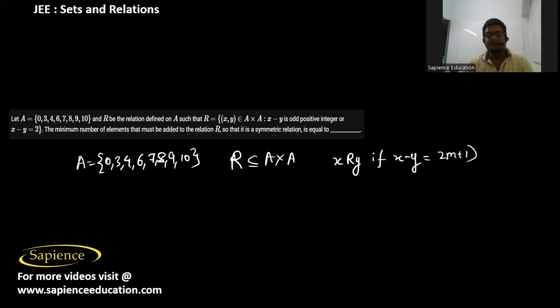It means it is of the form 2m plus 1, where m is a whole number.